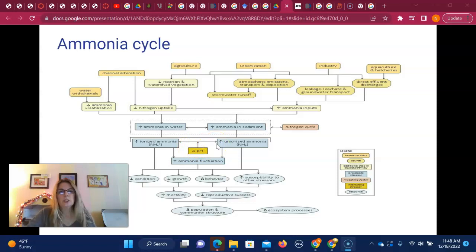And these fluctuations of ionized and unionized ammonia will affect the fish, which results in decreased condition, decreased growth, changes in behavior, increased susceptibility to other stressors like disease or heat changes, which results in increased mortality, decreased reproductive success, which is changes in population and community structure, as well as changes in the ecosystem processes, which we are seeing with the increase in the fish deaths.